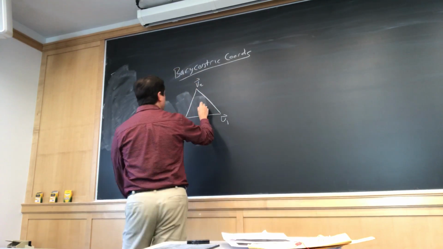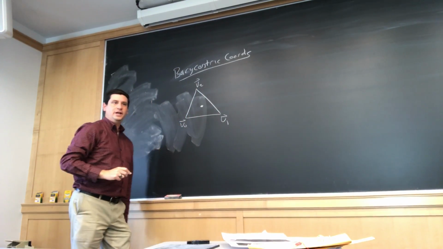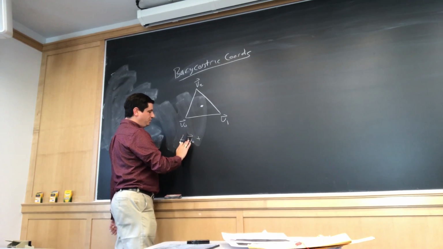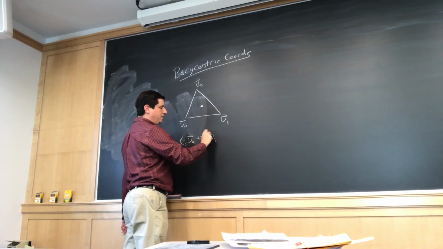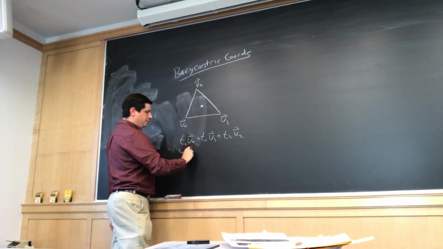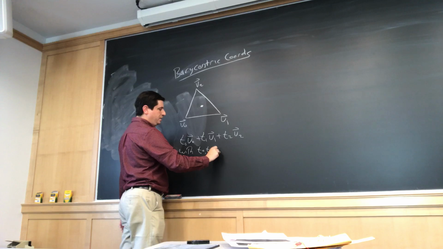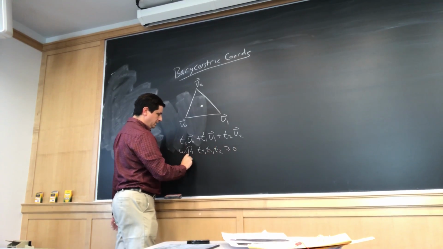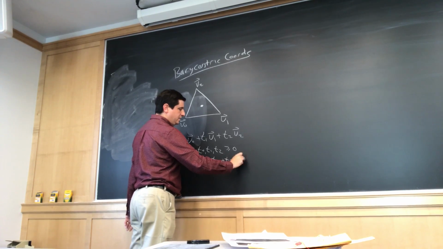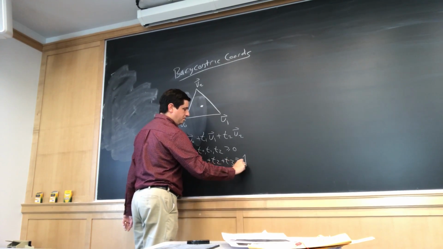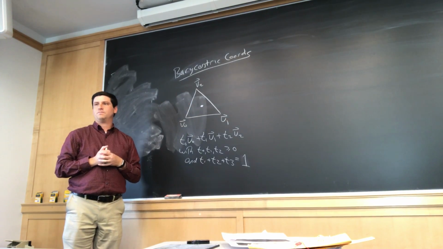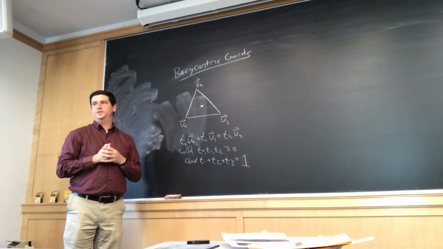And the claim is, you give me any point in here, and I can write that point as T0 V0 plus T1 V1 plus T2 V2 with T0, T1, T2 greater than or equal to 0, and T0 plus T1 plus T2 equals 1. So I can represent any point in here uniquely. Okay, that should be proved.